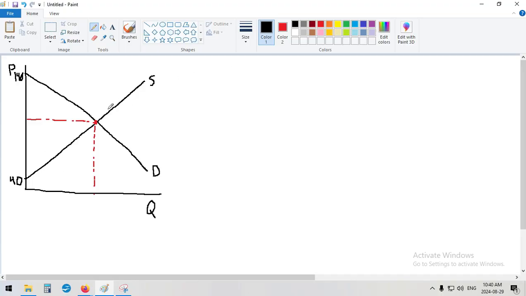So for the competitive equilibrium, we know that's where supply equals demand. So let's work it through here. Our supply is 40 plus 0.1 Q, and we set that equal to demand, which is 140 minus 0.4 Q. So all we have to do here is a little algebra and solve for Q. Let's throw Q on the left-hand side, move that 0.4 over.